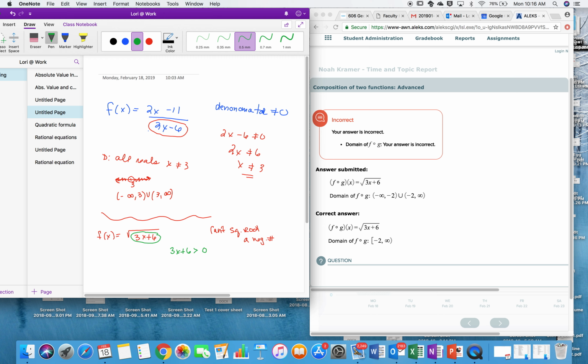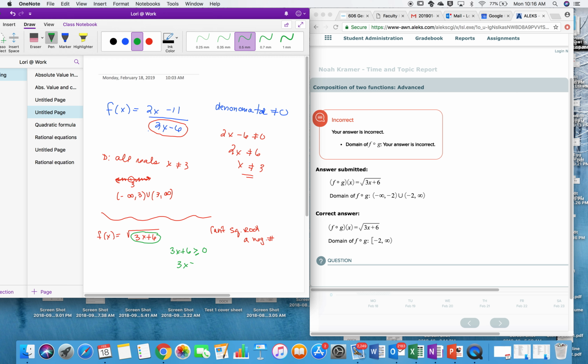So then we come to, okay, greater than or equal to. Can this number be 0? Can you take the square root of 0? Yeah, the square root of 0 is 0. So that is okay. So 3x plus 6 can be greater than or equal to 0. Anything that satisfies this condition will be the domain.